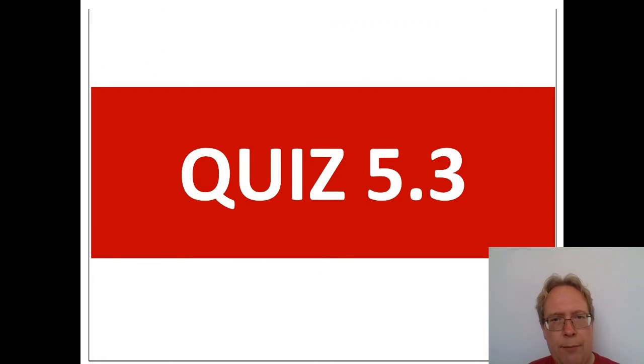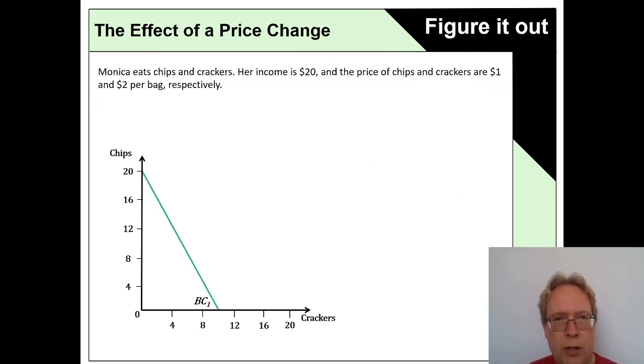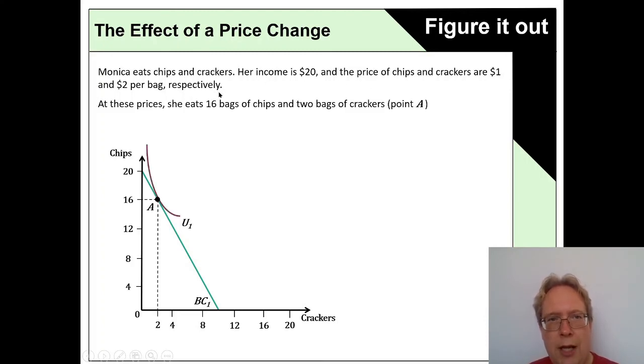Anyway, that brings us to the quiz question for section 5.3, and that's actually an example from the book. So we have Monica, she eats chips and crackers. Her income is given. The prices of chips and crackers are given, $1 and $2.